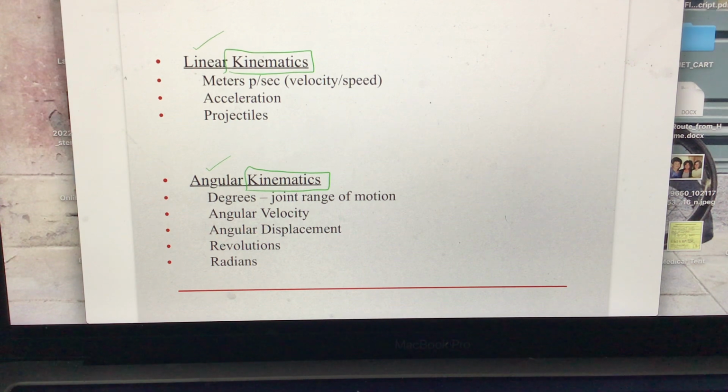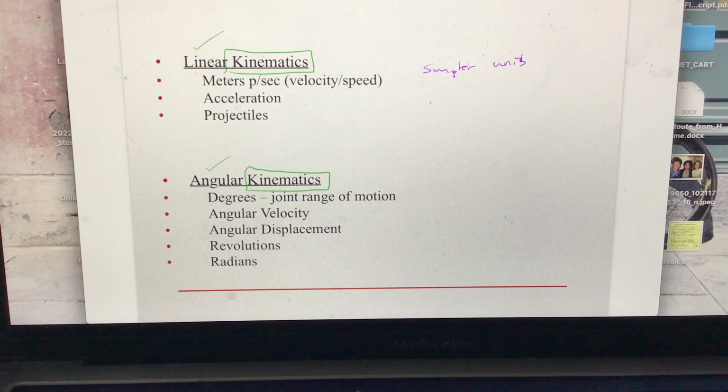Be able to give one or two units. I think that's going to be an easier way to memorize, to learn. So I would encourage you to be able to give some units. By and large, the linear kinematics have simpler units.